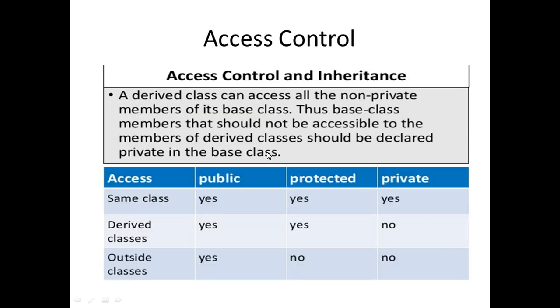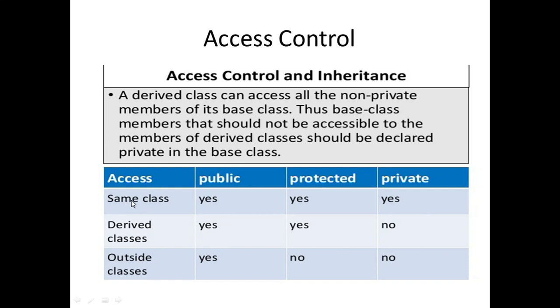Now see here, access control. This is a very important part. Access control and inheritance: a derived class can access all non-private members of its base class. Thus, base class members that should not be accessible to the members of a derived class should be declared private in a base class. Right? So here are the access specifiers: public, protected, private.